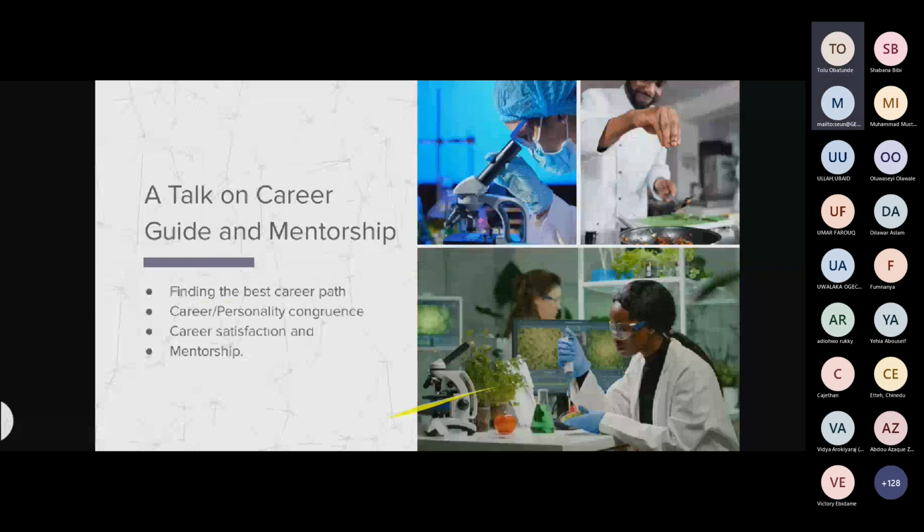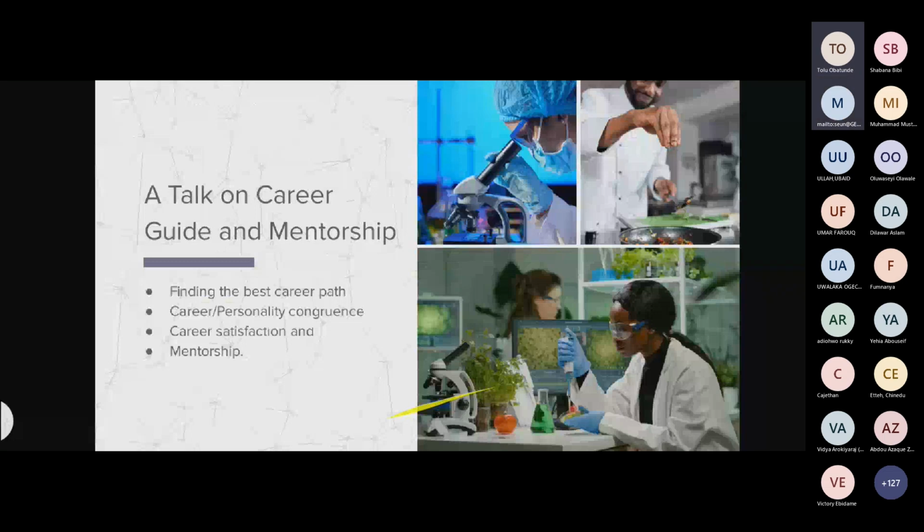You cannot really be successful if you are not satisfied with the type of career you are pursuing, and you cannot really have ultimate joy or fulfillment in a career if that career does not gel with your personality.